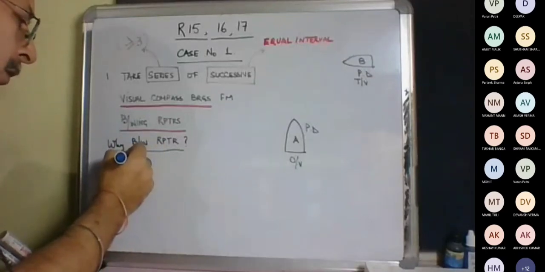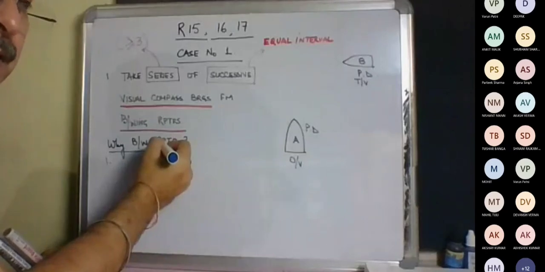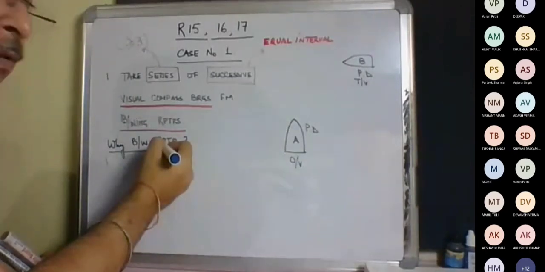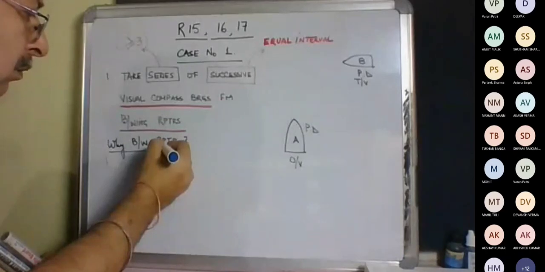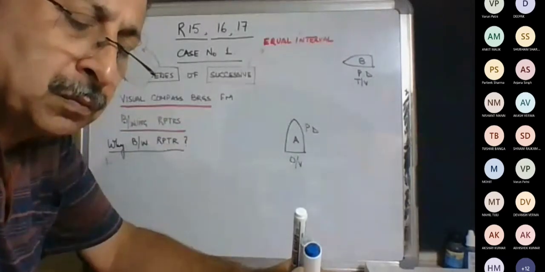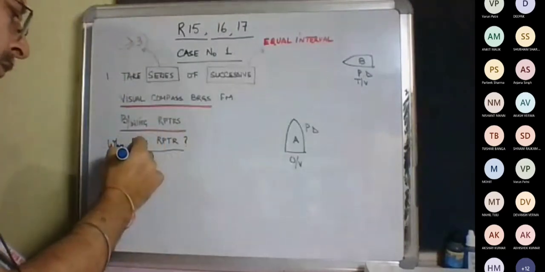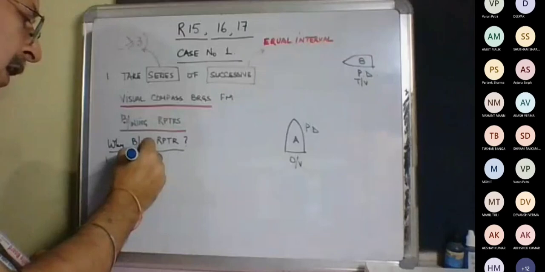Okay. We should not take from the middle repeater in the bridge because we will get an error because of the refraction, as we get while taking azimuth or amplitude. So one is the refraction error.